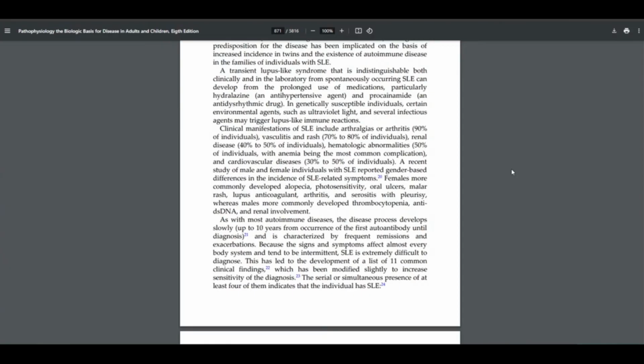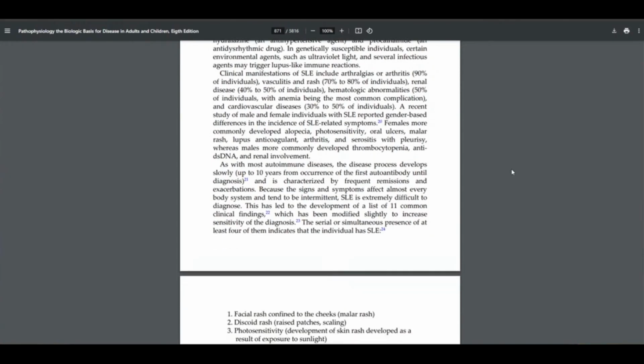In genetically susceptible individuals, certain environmental agents such as UV light and several infectious agents may trigger lupus-like immune reactions. Clinical manifestations of lupus include arthralgias or arthritis, vasculitis, and rash, renal disease, hematologic abnormalities, with anemia being the most common complication, and cardiovascular disease.